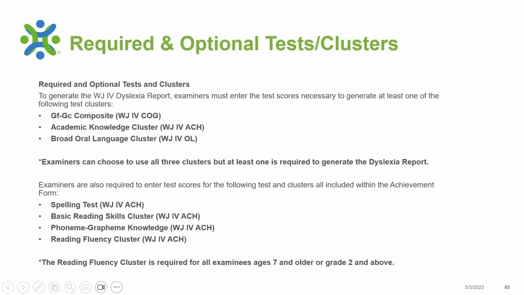So it's important that if you guys do have the WIIP and you decide to use the dyslexia report, make sure you go into Riverside Score and download the information that's provided with regards to running the report, because you do have required tests that have to be given in order for the system to generate a report. So make sure that you pay attention to those as well, because we've had some evaluators call in, they're having trouble running the report, and it's because they haven't given all the required tests.